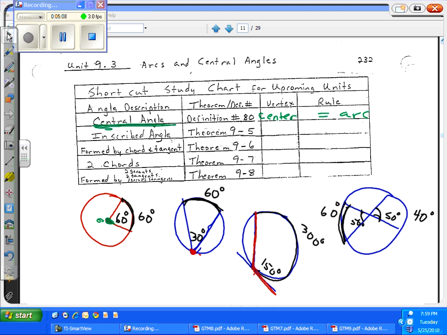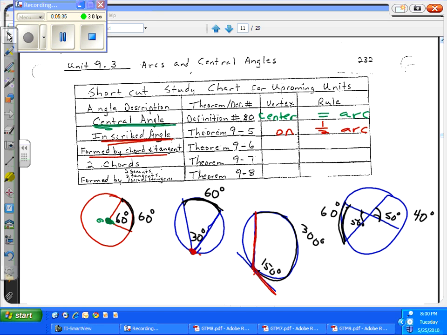An inscribed angle is an angle whose vertex is a point on the circle and whose sides are chords of the circle. In an inscribed angle, the vertex is a point on the circle, and the angle is equal to 1/2 the measure of the intercepted arc.